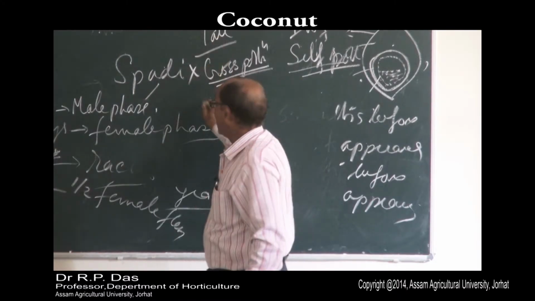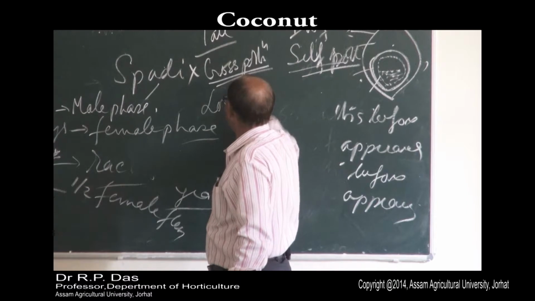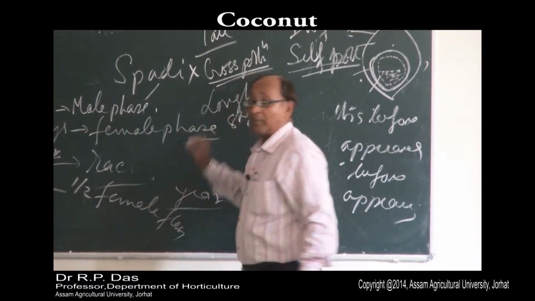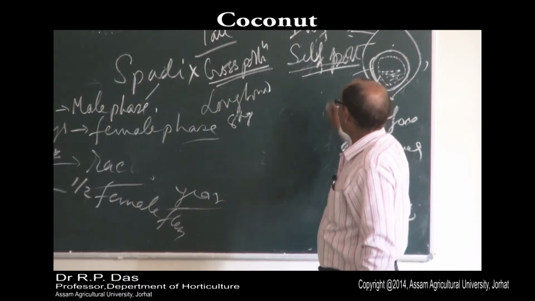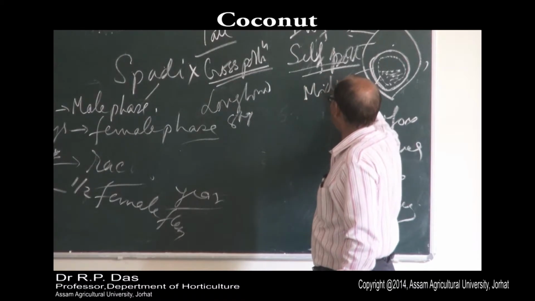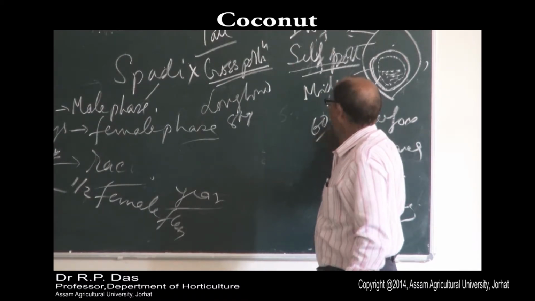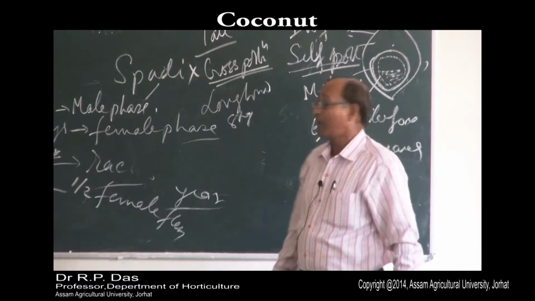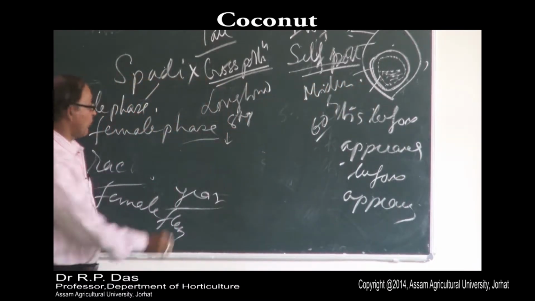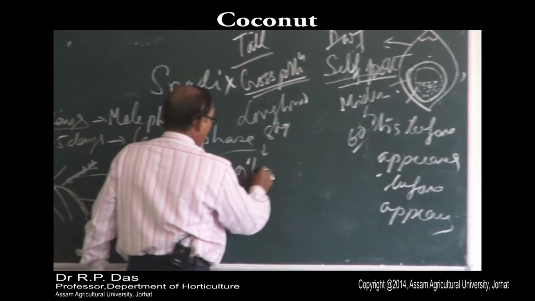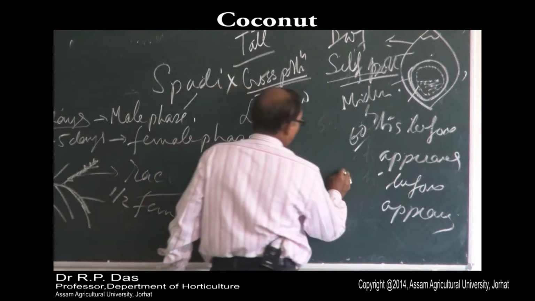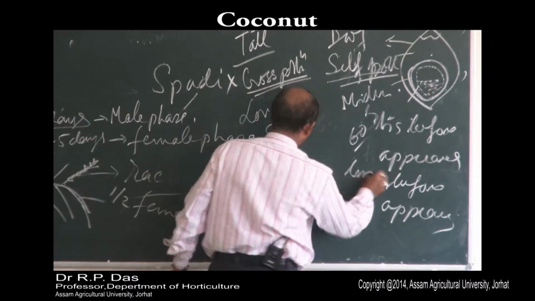Tall varieties are long-lived, about 80 years productive age. Self-pollinated varieties are medium-lived, up to 60 years. In tall varieties, the oil content is more, but here the oil content is less.